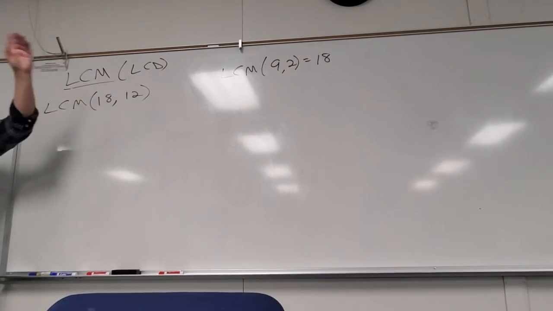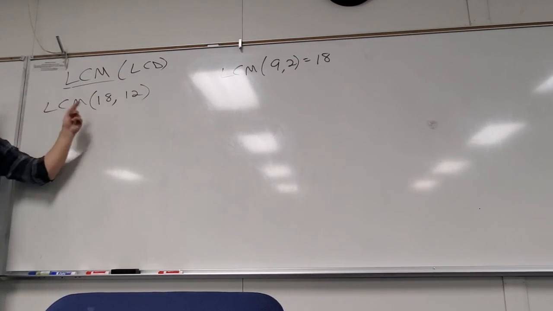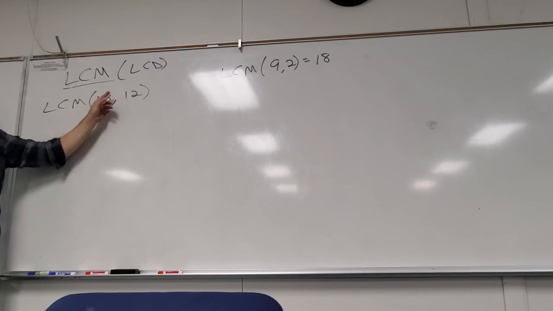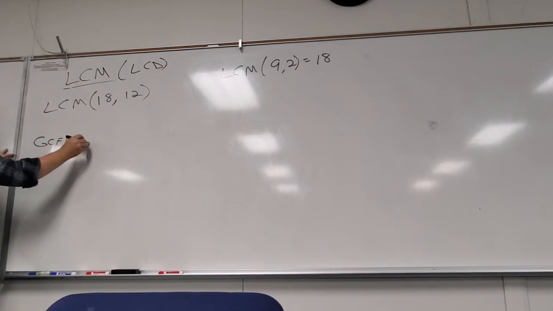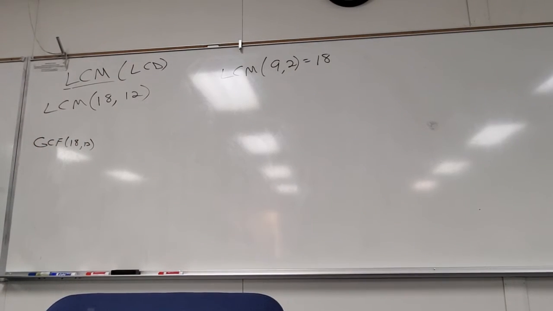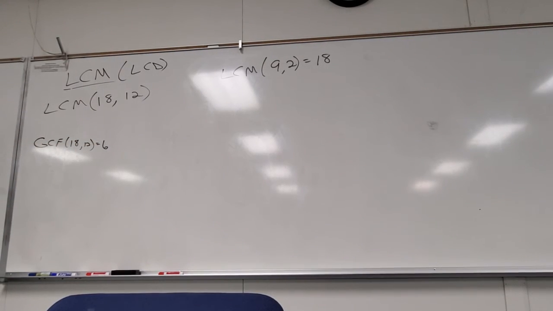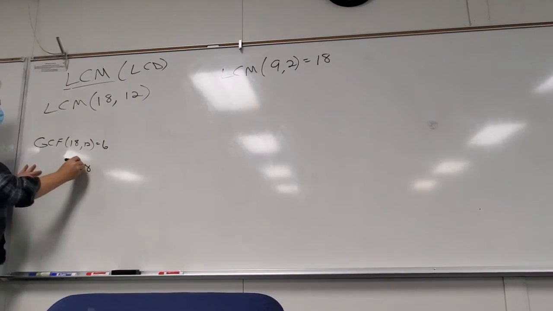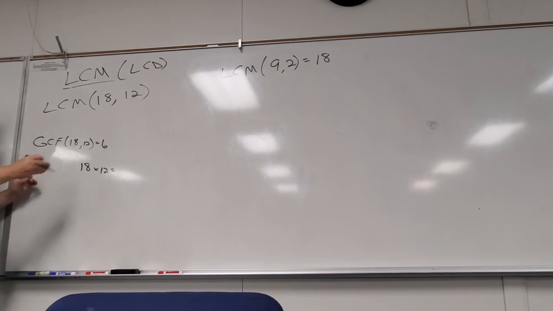All right, watch this. Stay with me. This is a neat way to do this. Can somebody tell me, what is the GCF of 18 and 12? 6, yes. Now, whoever said to multiply, what is 18 times 12? 216.